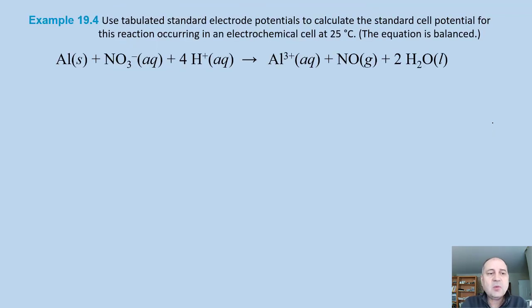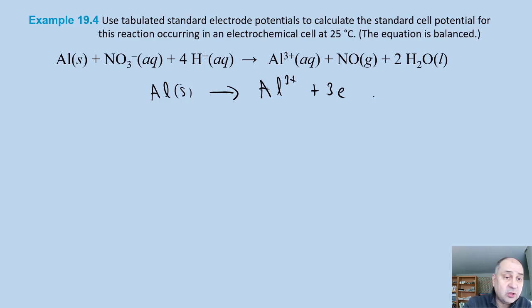Alright, so here we have aluminum and nitrate forming aluminum ions and nitrogen monoxide. We can right off the bat tell that aluminum here is oxidizing to aluminum ions. 3 electrons would be ejected here, and so it's got to be the nitrogen that's being reduced.